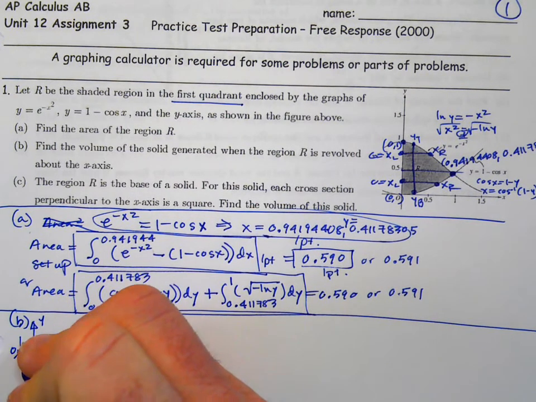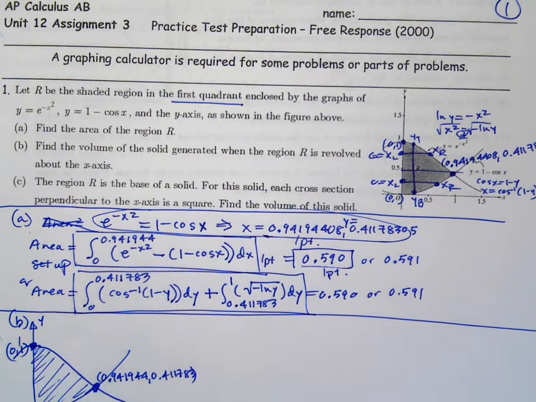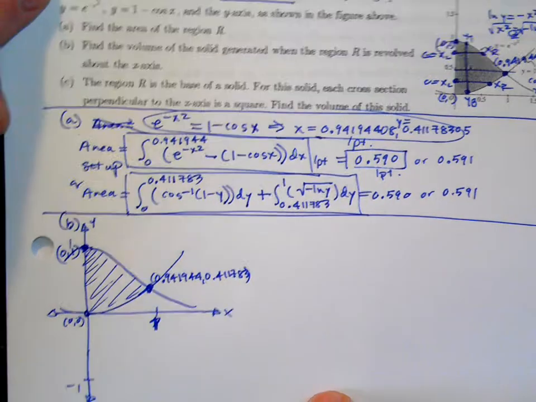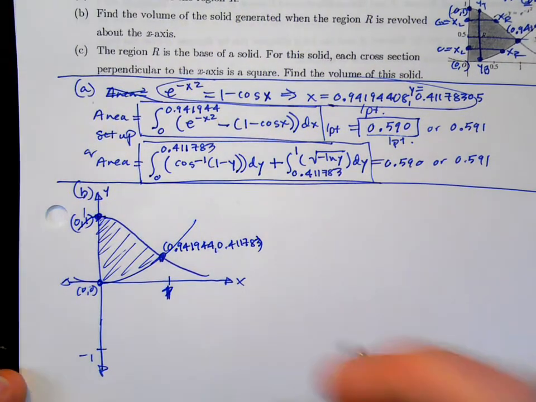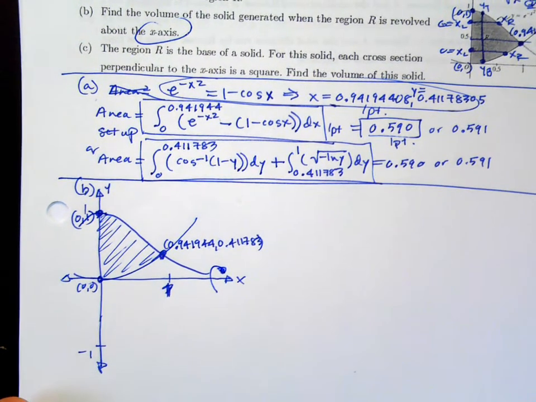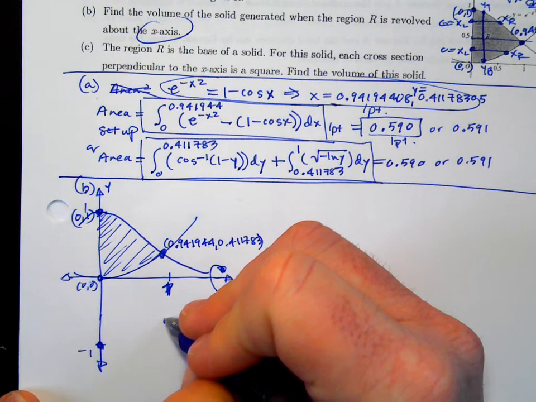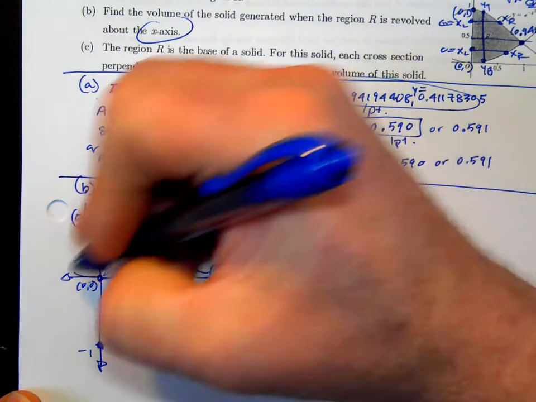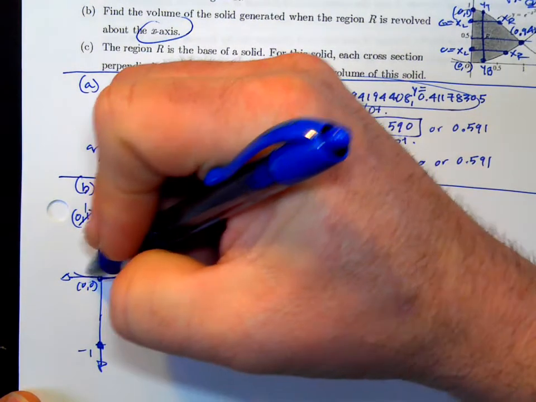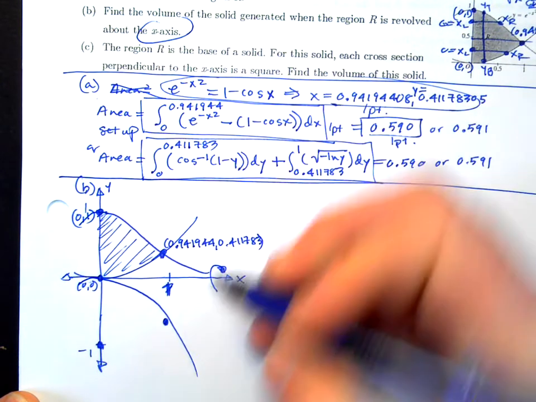And I think it's worth it to spend a little bit of time to get that. Now it's being revolved around the x-axis. Make sure you revolve around the x-axis. I like to draw a little thing here. Now, I think the best way to get the other one is to put the intersection points first and then connect the dots.